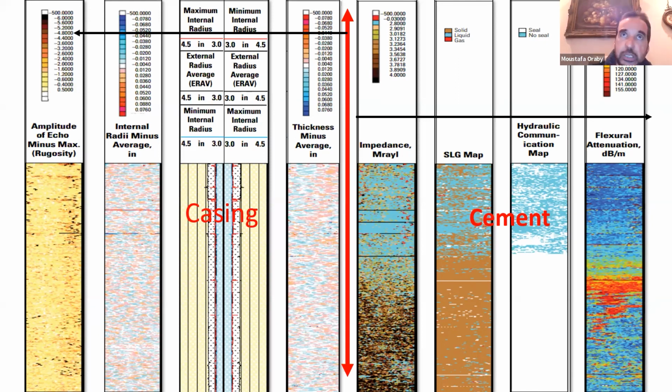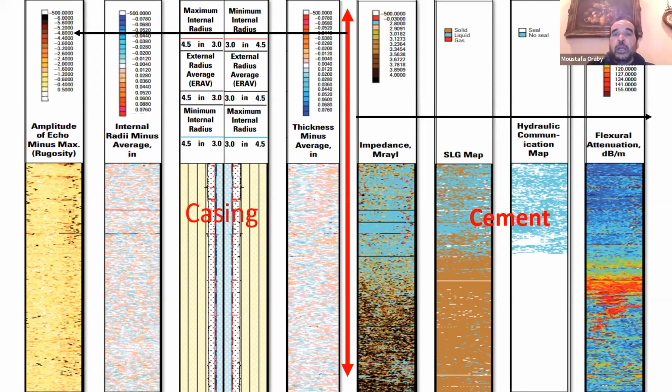Also show you the differences between a zone that is liquid filled or a zone that is cement filled. So it's really a good tool that can give you a full coverage and much more information than the cement bond. So this part covers the casing and the cement that we've been concerned of.